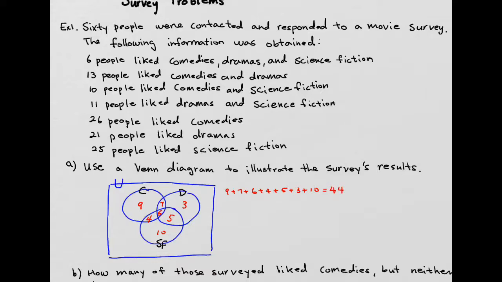In order to find the outside of those 3 circles, you had 60 people total. So you do 60 minus 44, you get 16. So the value outside of the 3 circles, the 3 sets, is going to be 16.